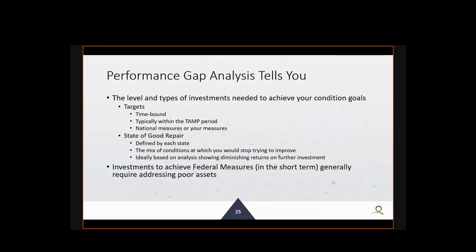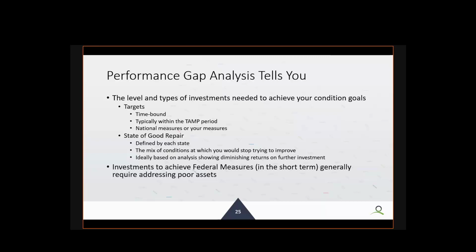What we try to encourage folks to do is to set the desired state of good repair as the condition state that doesn't make economic sense to exceed. So if you think about what it would cost to keep your pavements or bridges perfect, it would be an astronomical sum, right? You'd be reconstructing things all the time.